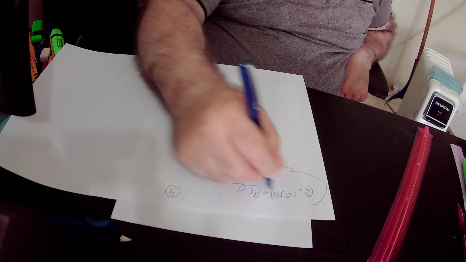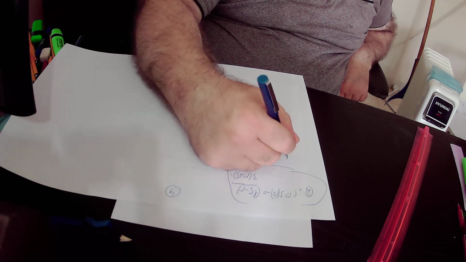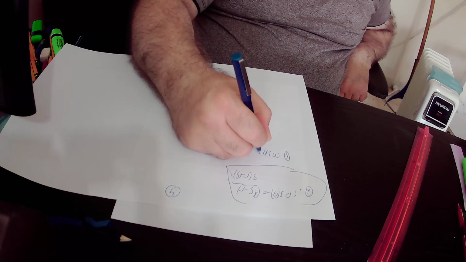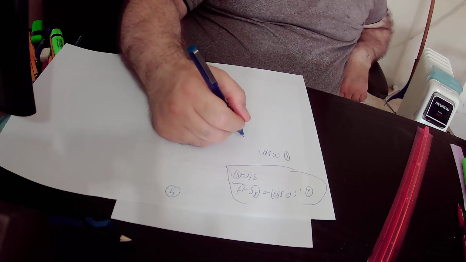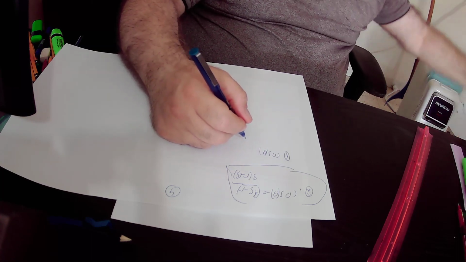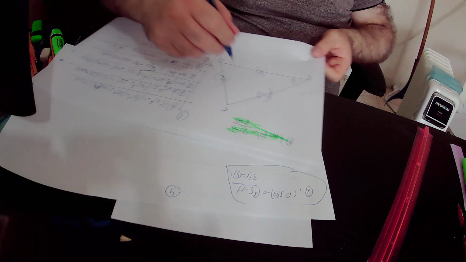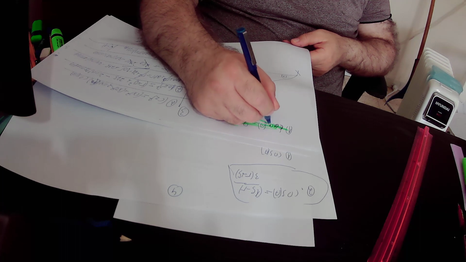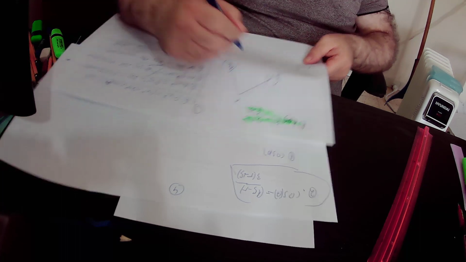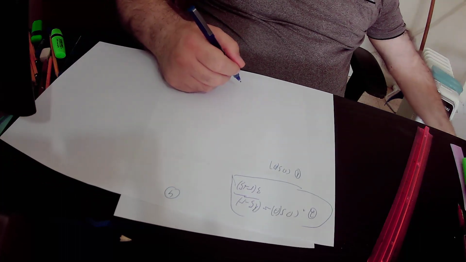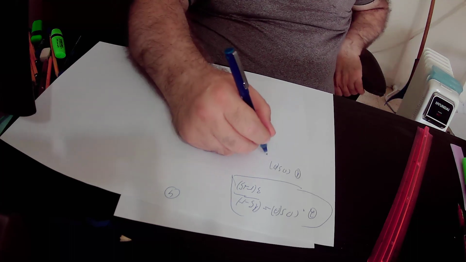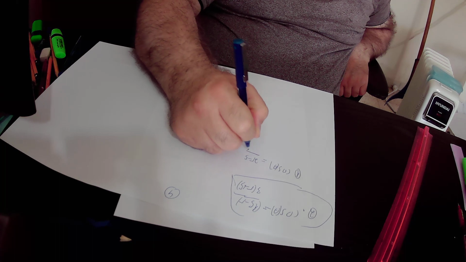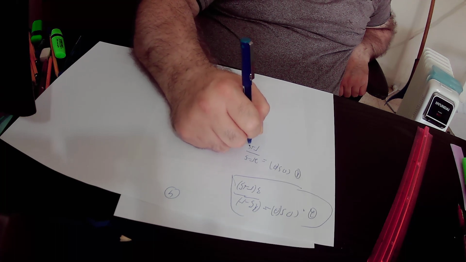while according to equation number 1, we have already found out that cosine theta is equal to 2r minus 5 over r plus 5.